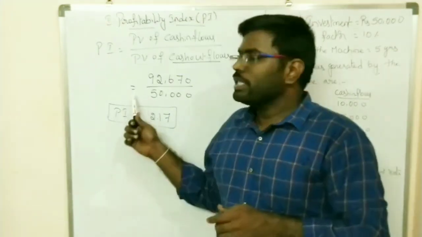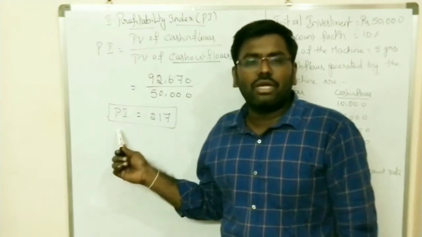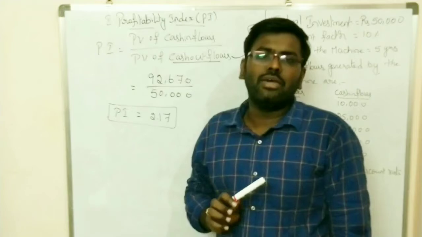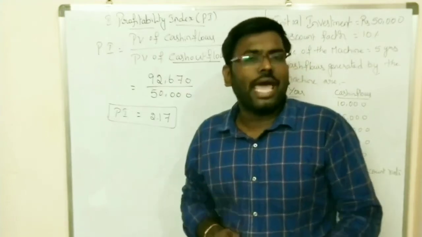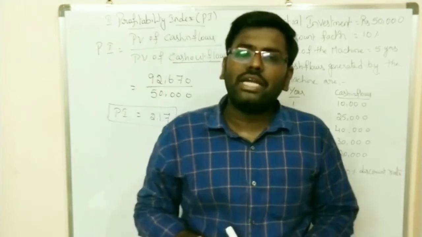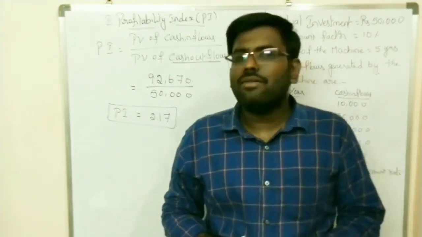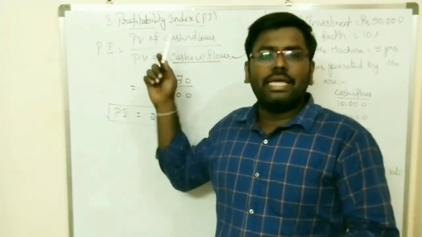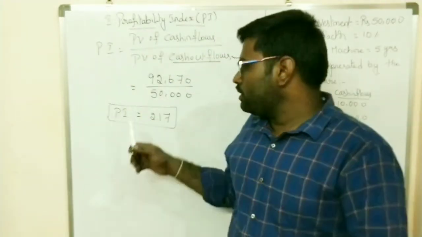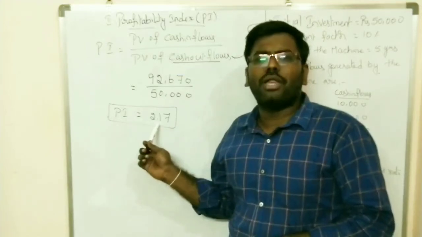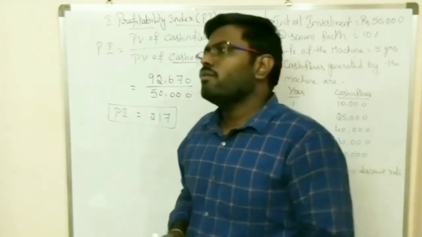That means the profitability index we calculate should be more than 1 or equal to 1; then we can accept the project or any type of asset. If the calculated value is less than 1, then we cannot accept the project according to the profitability index method. Here our calculated profitability index is 2.17. It is more than 1.